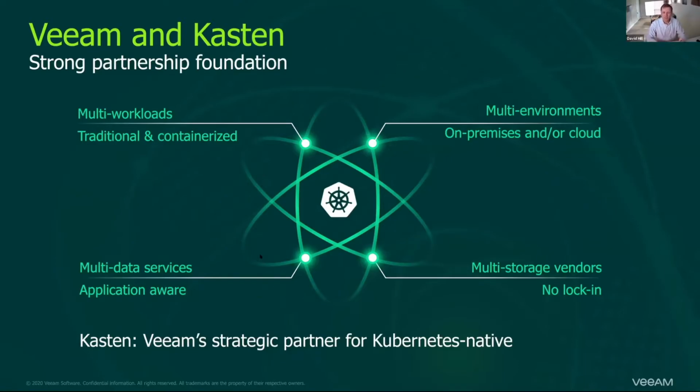So from a Veeam perspective, you can protect your physical Windows, Linux VMs, you can protect your virtual machine VMs, whether it be vSphere, Hyper-V, Nutanix, you can protect your workloads, your instances out in AWS or Azure, and also your containerized apps running on any of those storage distributions. So the synergy between Veeam and Kasten is very strong, and it's very powerful as we move forwards.